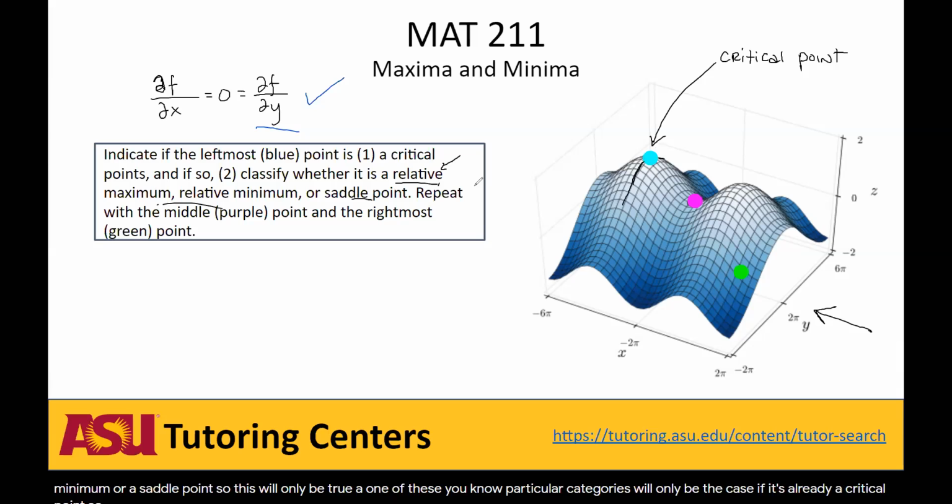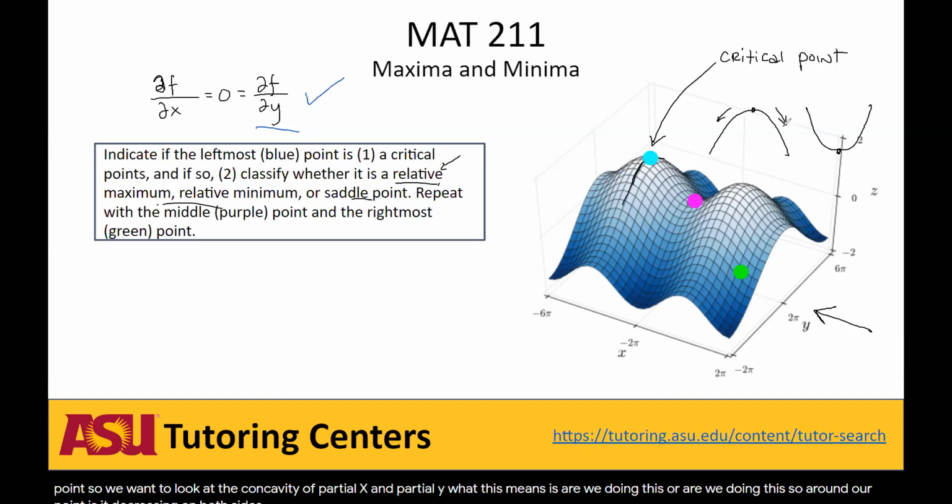So we want to look at the concavity of the partial x and partial y. What this means is, are we doing this or are we doing this? Around our point, is it decreasing on both sides? Is it increasing on both sides?